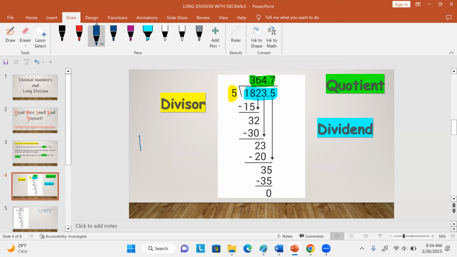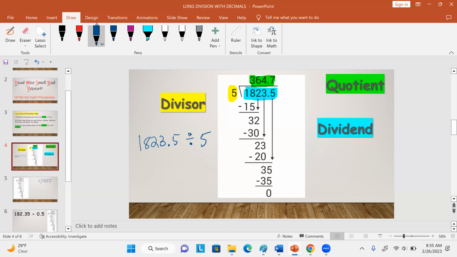They will ask you to do 1823.5 divided by 5. So the dividend goes inside. Now we have the divisor, which is outside, that's the yellow, and the green is the quotient, the result you get after you do the long division.